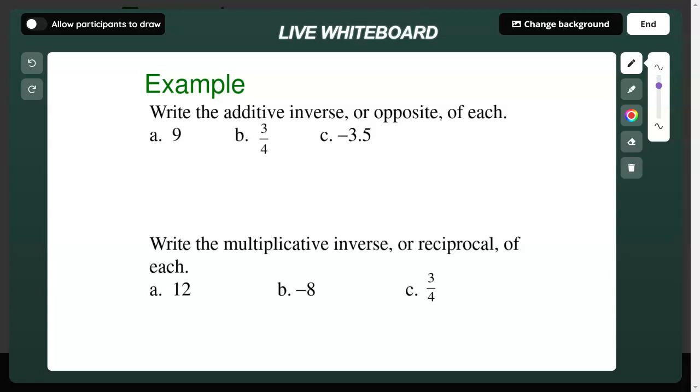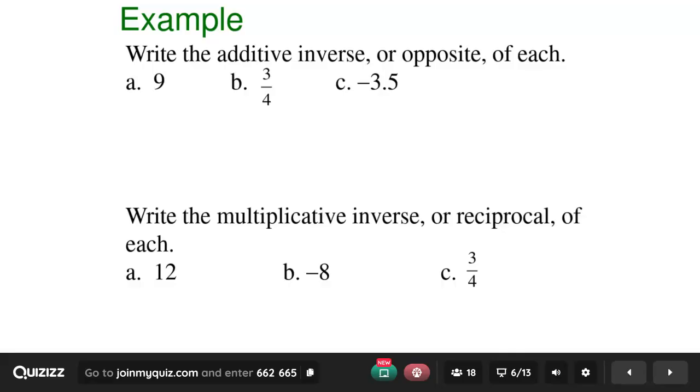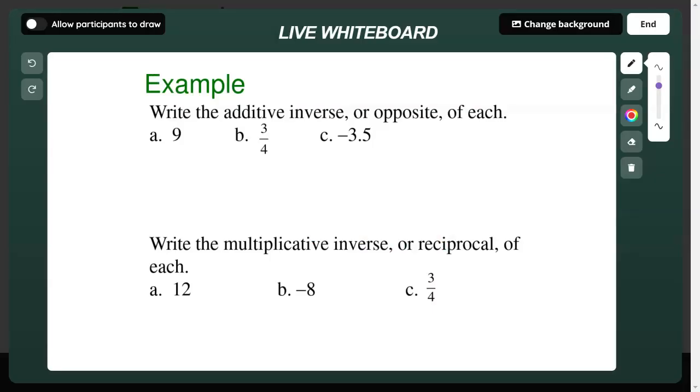The opposite or the additive inverse of negative 3.5. Positive 3.5. So we've got negative 9, negative 3/4, positive 3.5.